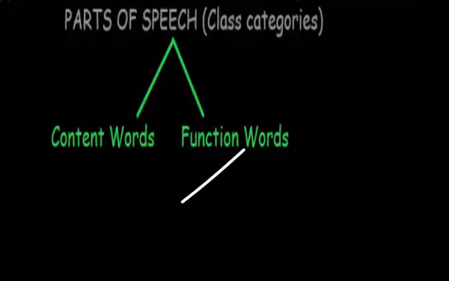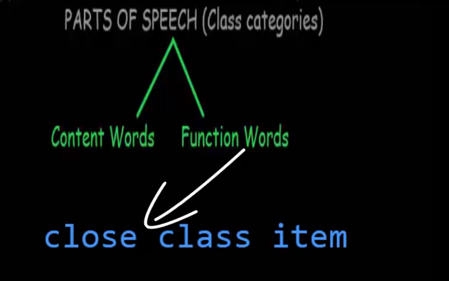They are also known as closed class items. Why are they closed? You discover that these functional or grammatical morphemes, these closed class items, are very few. You can close your eyes and tell us all the pronouns.